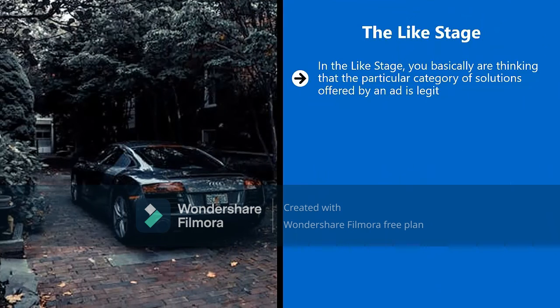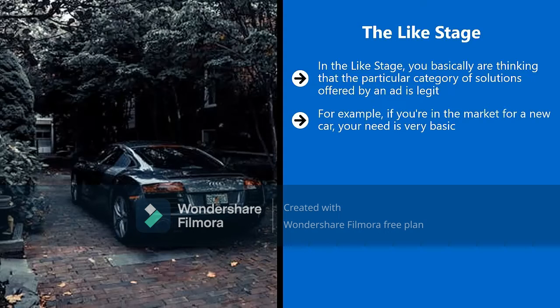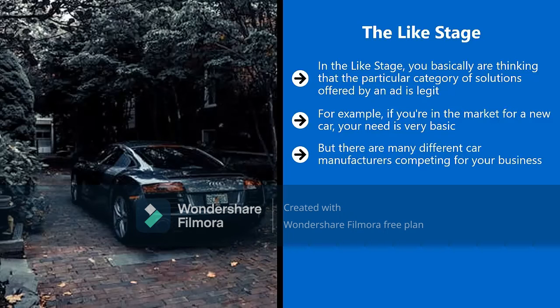In the like stage, you basically are thinking that the particular category of solutions offered by an ad is legit, but you're going to compare it with other solutions. For example, if you're in the market for a new car, your need is very basic. You're trying to get from point A to point B. But there are many different car manufacturers competing for your business. You make a decision by lining them all up and figuring out their advantages and disadvantages.